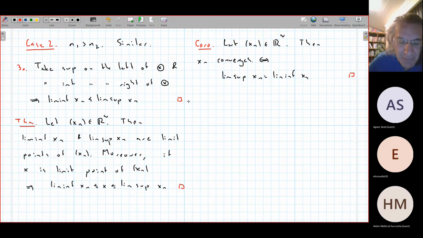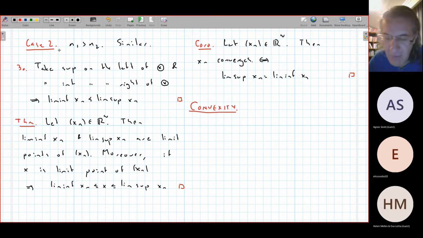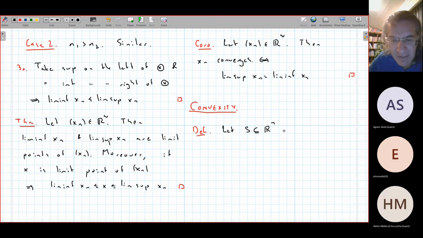Okay, so those are properties that we are going to use later on. I'm going to talk briefly about convexity. Some of the most important or most powerful theorems on optimization require this condition. So my definition is the following. Suppose that S is some subset of Rn.